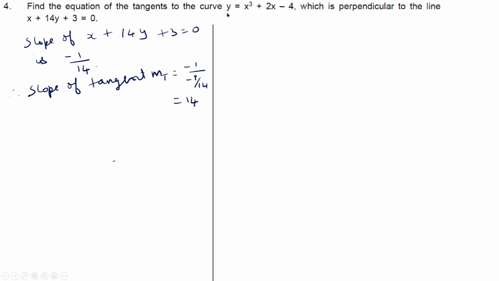So the curve is y equal to x cube plus 2x minus 4. So from here we can find the slope of the tangent as mt equal to dy by dx. This is equal to 3x square plus 2.